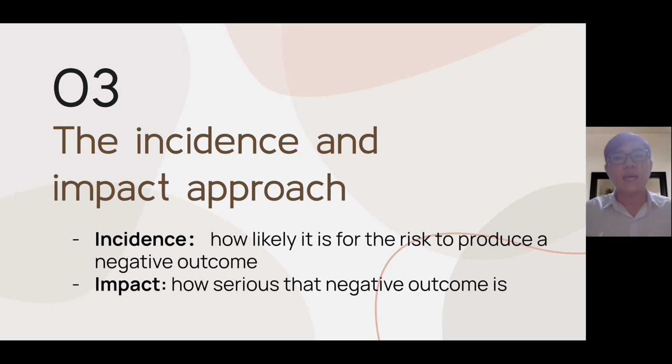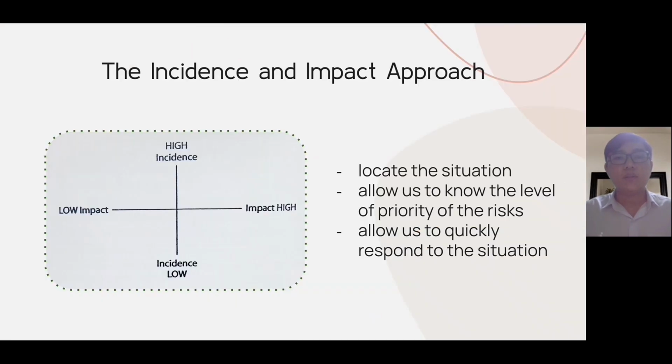Moving on to the next slide, we have the model. As you can see in the picture, this is the model of the incidence and impact approach. It is made out of two simple lines, one vertical line and one horizontal line. The vertical line has the words high incidence and low incidence, and the horizontal one has the words low impact and high impact.